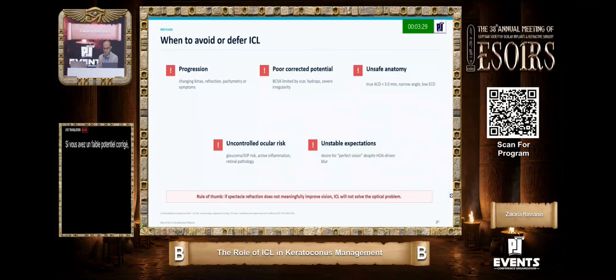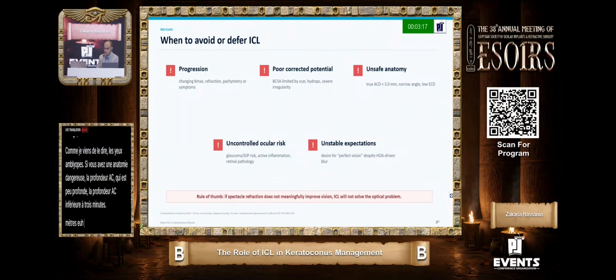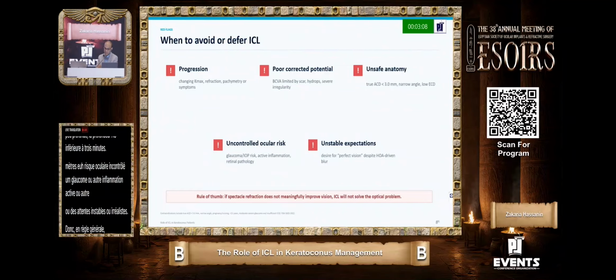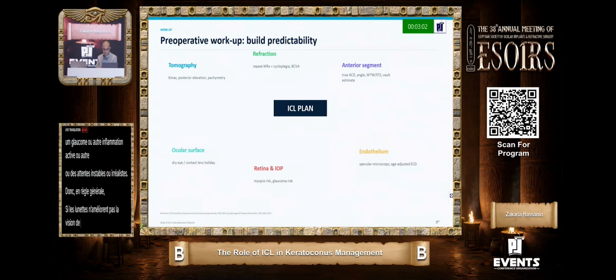If you have unsafe anatomy, a shallow AC depth, less than 3 millimeters, uncontrolled ocular risk, glaucoma or other active inflammation, or unrealistic expectations. So as a rule of thumb, if spectacles do not meaningfully improve vision, then phakic IOLs will not solve the optical problem as well.